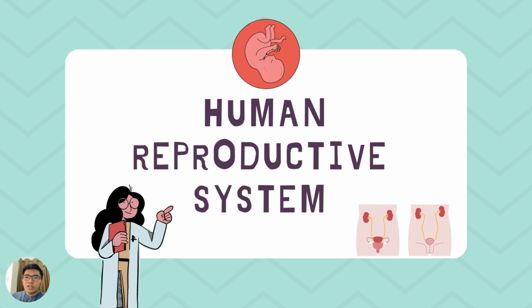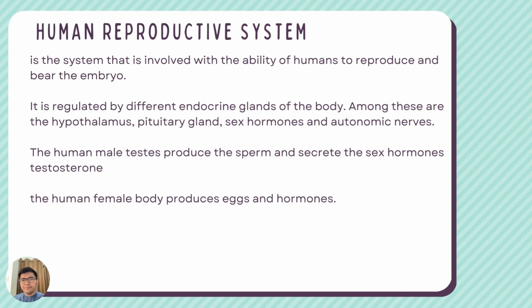Next, we have the human reproductive system. It's a system that involves the ability of humans to reproduce and bear the embryo. It is regulated by the different endocrine glands of the body. Among these are the hypothalamus, pituitary gland, sex hormones, and autonomic nerves.